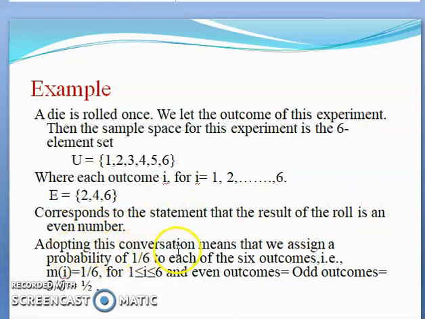Adopting this convention means that we assign a probability of 1/6 to each of the 6 outcomes, that is 1/6 for 1 ≤ i ≤ 6, and even outcomes equal odd outcomes, that is 3/6, which means 1/2.